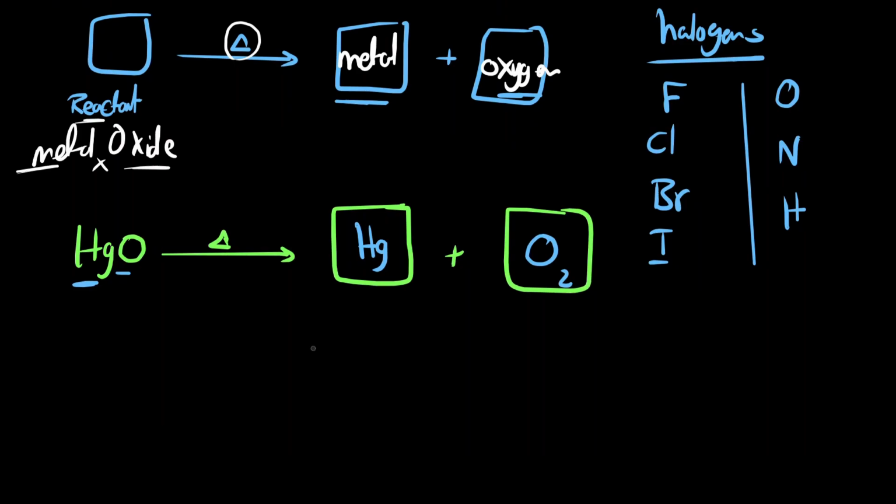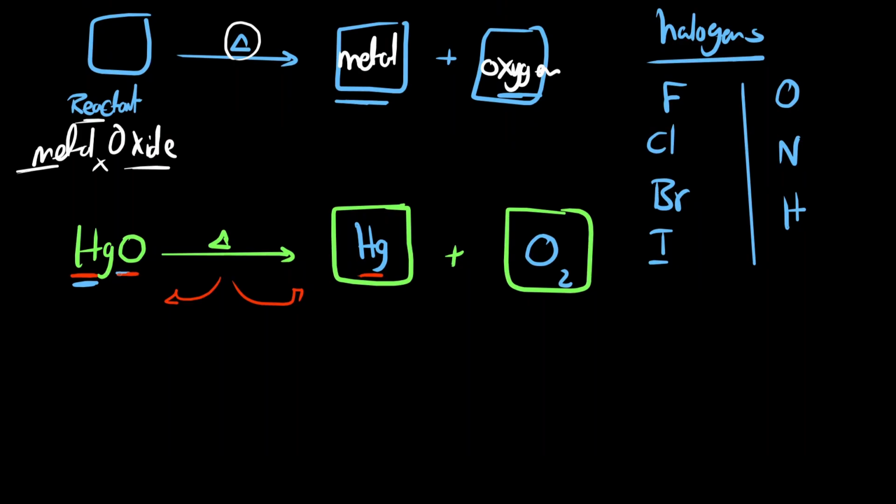Before I skip to the next part, you just need to know that you have to balance this equation. Before the arrow, in the reactants, you have one atom of mercury. In the resultant, you have one atom of mercury. So moving to the oxygen.